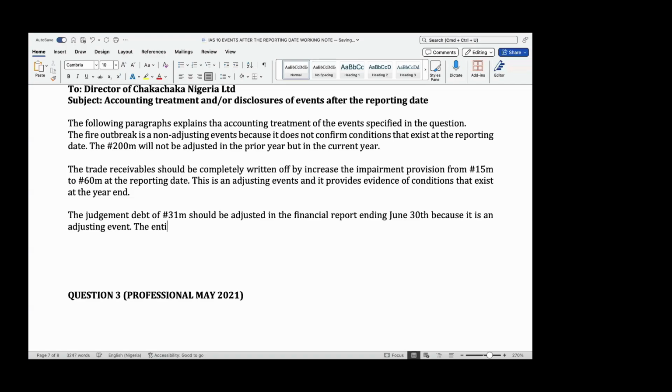So the entity should make a provision equivalent to the amount.